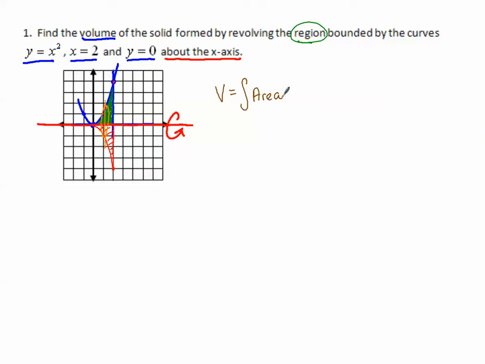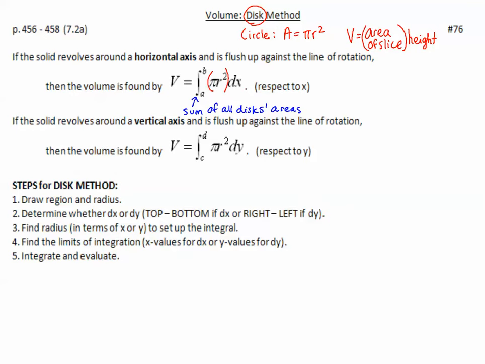In fact, let's write this down because we're going to be using this all the time that we're doing volume. Volume is the integral of the area of the slice. Integral of the area gives us volume. Make sure you get that written down and maybe highlighted. That's pretty important.